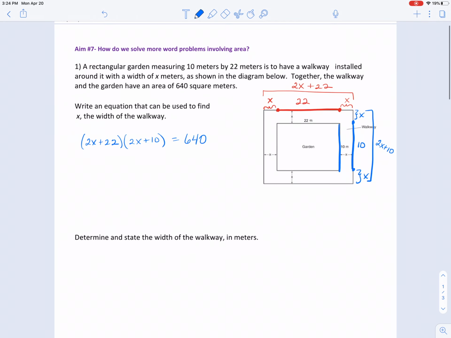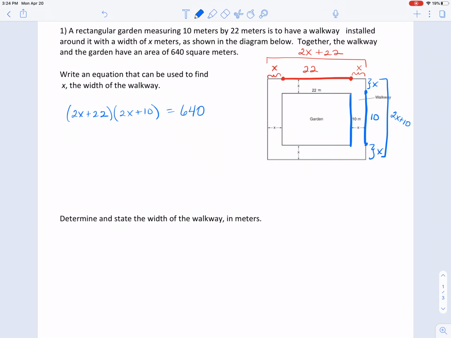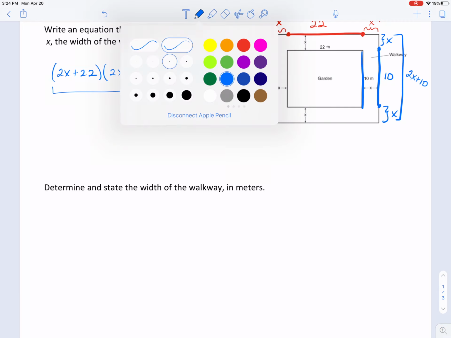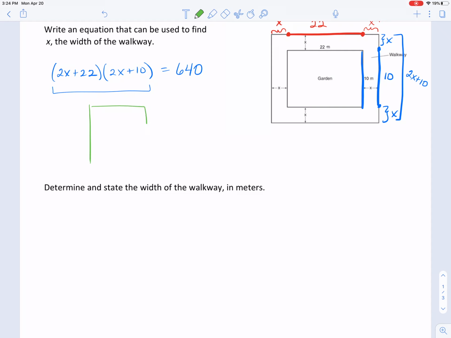Okay, determine and state the width in meters. So now we have to solve the equation. Before I could solve the equation, we need to multiply the binomials, and I'm going to do that in a 2 by 2 box. 2x plus 10, 2x plus 22. 2x times 2x is 4x squared, 2x times 10 is 20x, 2x times 22 is 44x, 22 times 10 is 220.